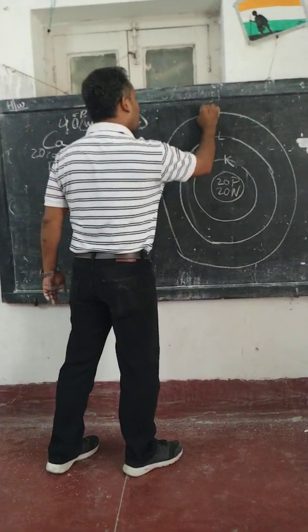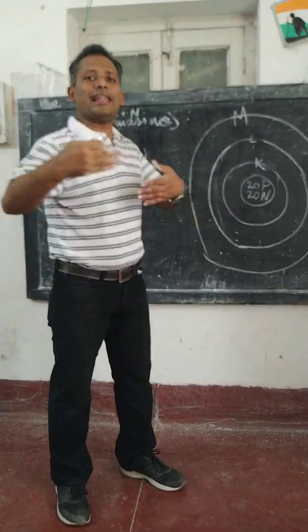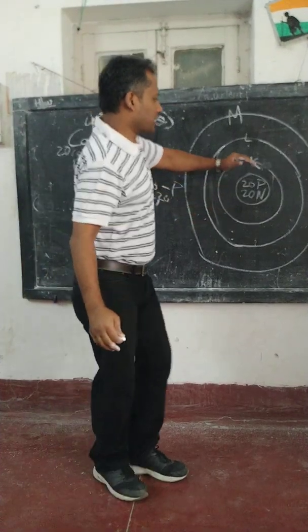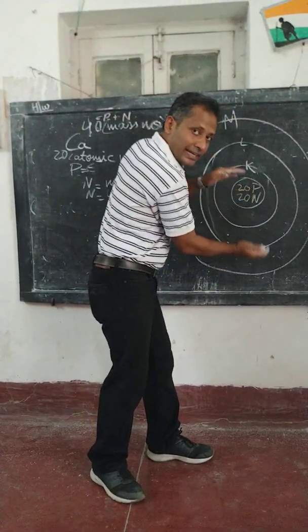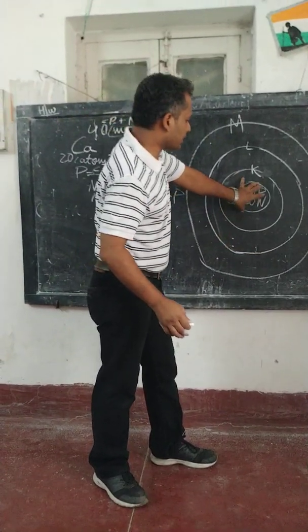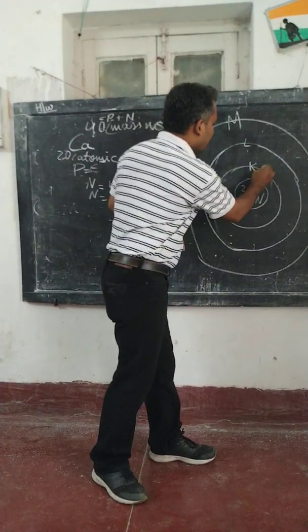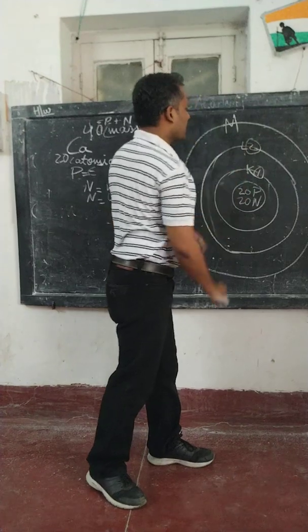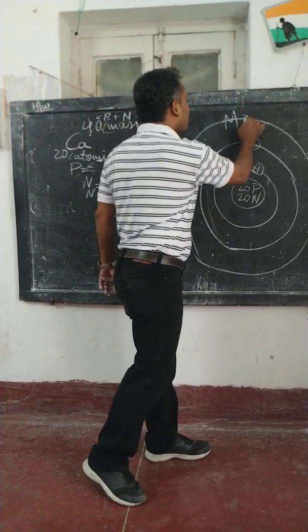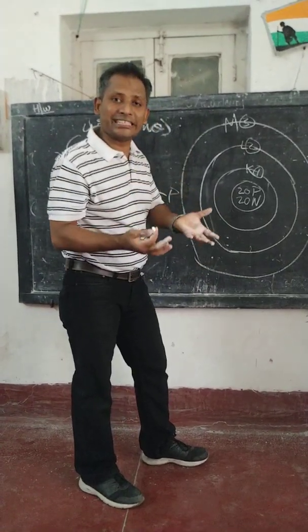The third shell will be called M. So you know K, L, M, N, O, P, Q, R. First shell K, second shell L, third shell M. You start from the center; the shells are always counted from the center. From the center, shell number 1 is the K shell, shell number 2 is the L shell, shell number 3 is the M shell. If you have one more shell, it will be called the N shell.